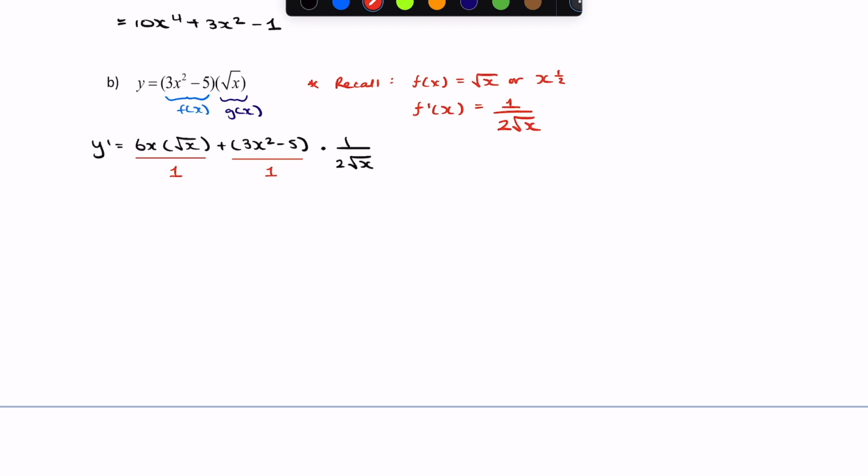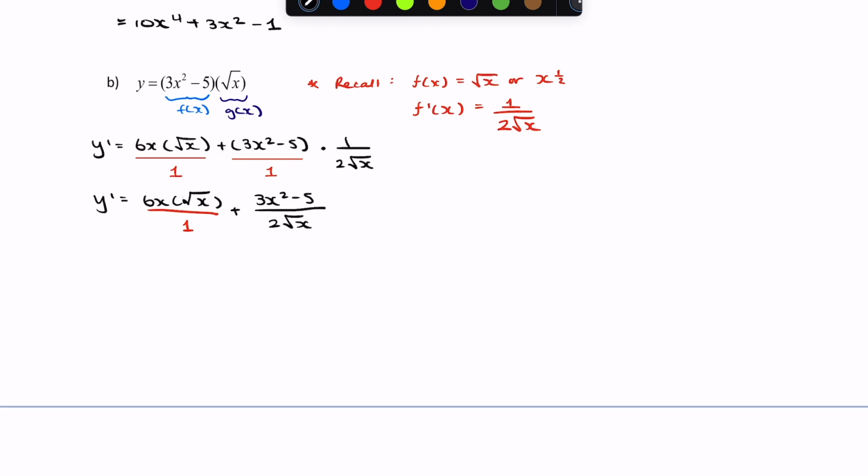So here, if we rewrite this, write this as y prime of x is equal to 6x times square root x over 1 plus, and we multiplied those in, we get 3x squared minus 5 over 2 square root x.